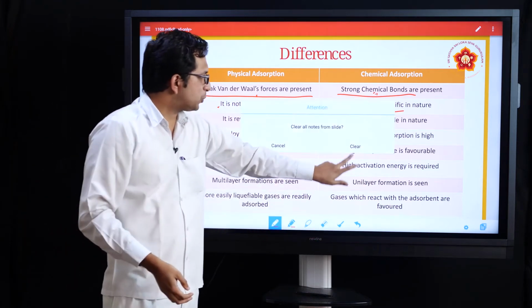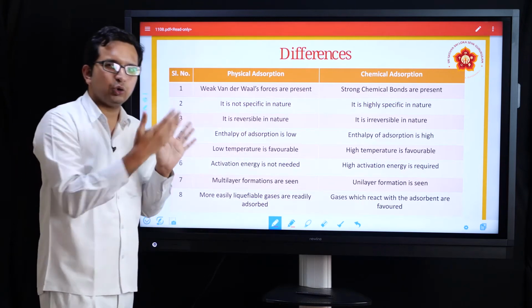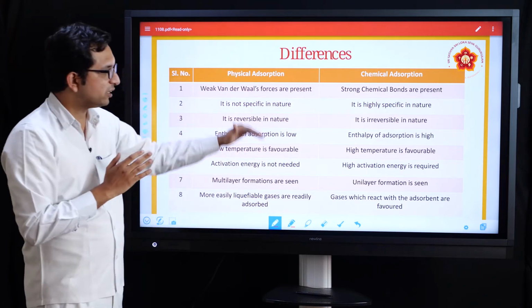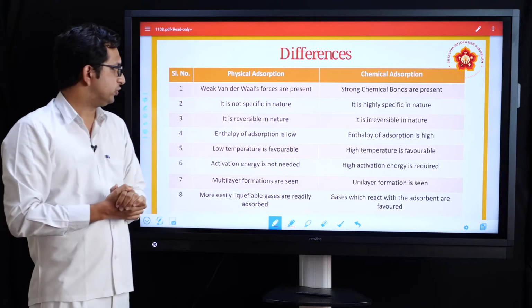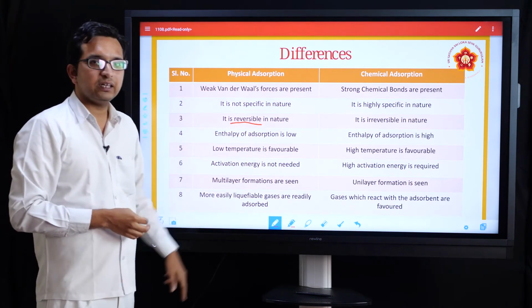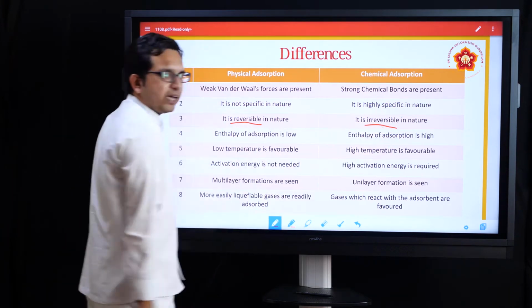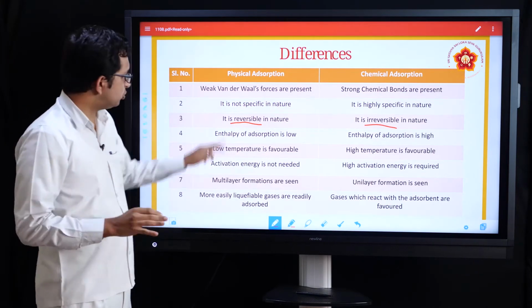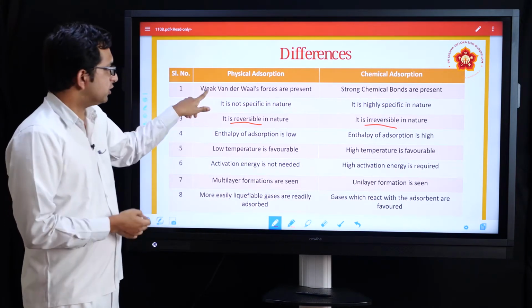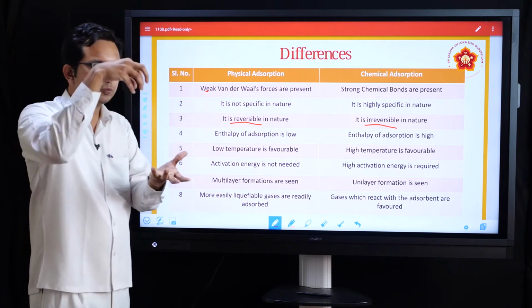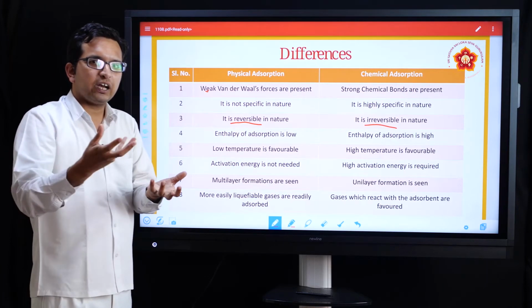Having seen these two properties, the differences are shown here, but what you can do is interrelate all these differences. The third one: it is reversible in nature, this is irreversible. Again, the reasoning is nothing new. You just have to correlate with these two. It's a weak force, so naturally it is not specific to a particular place. So what will happen?